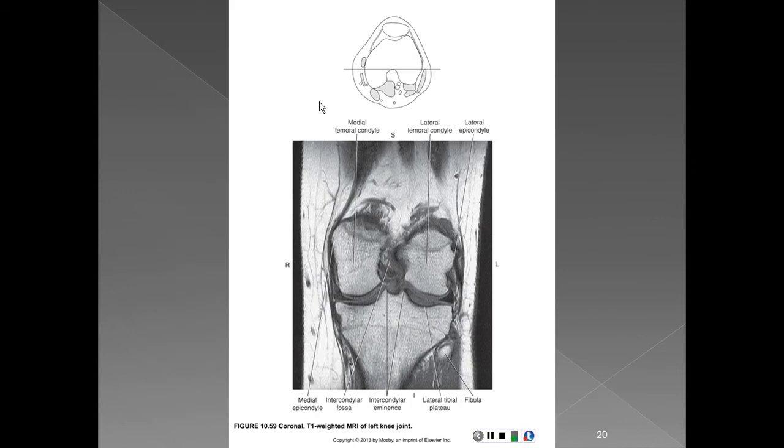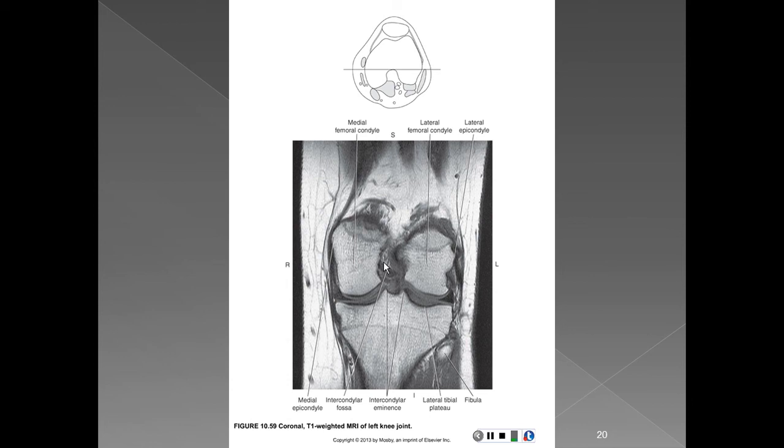Okay, this is a nice coronal T1 weighted MRI of the knee, and you're going to do plenty of knees, so you want to be very conversant with the anatomy of the knee so that you won't miss anything. So the bones that contribute to the knee joint and lower leg are the femur, the tibia, patella, and fibula.